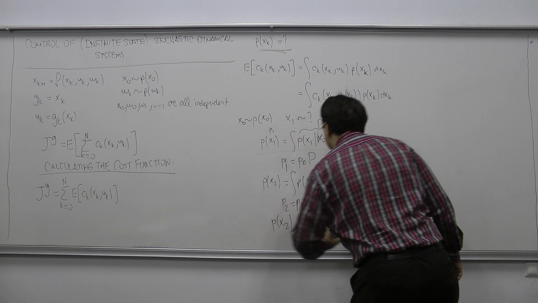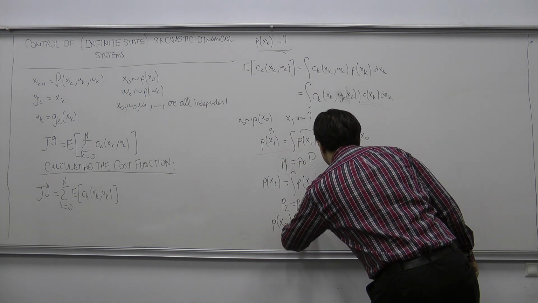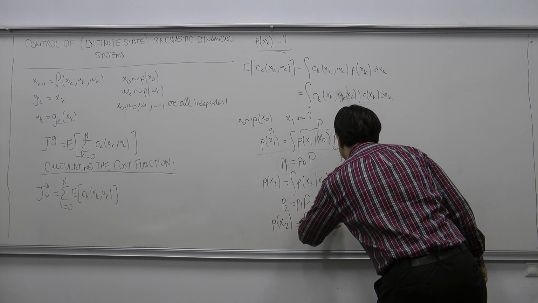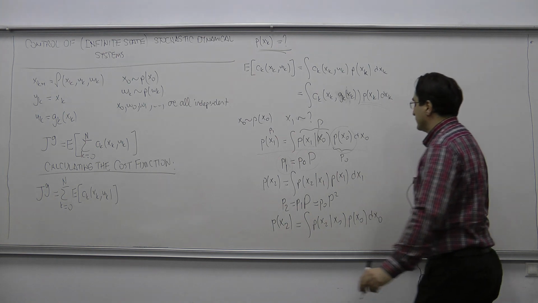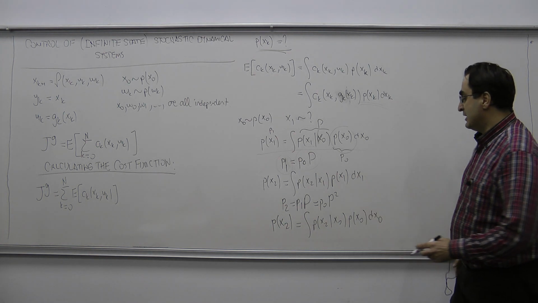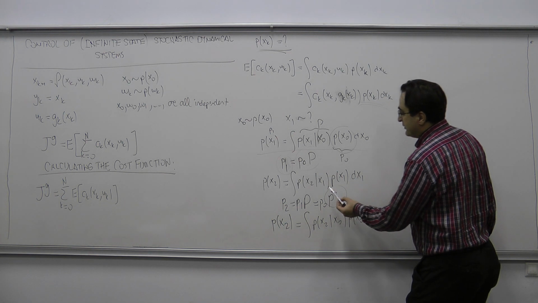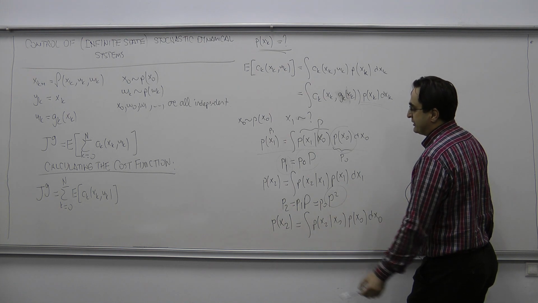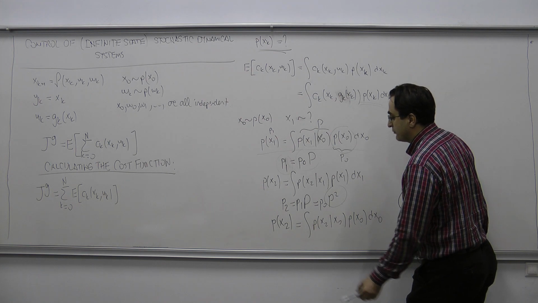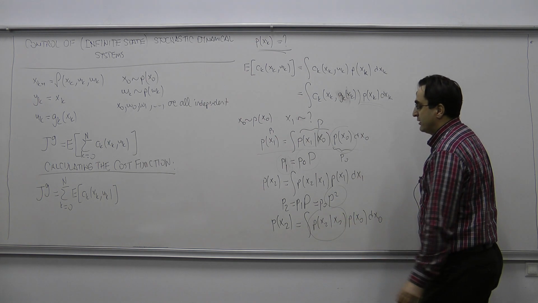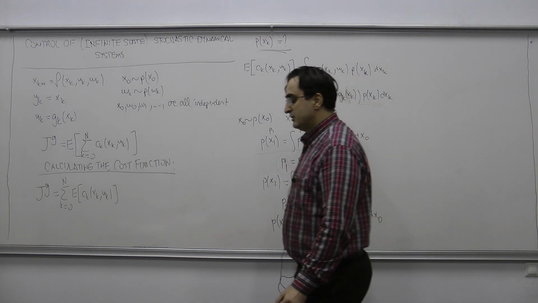So P of x2 is at the same time the integral of P of x2 given x0, P of x0, dx0. Okay, this is also correct. And in this case, instead of this P squared, which is the two-step transition distribution in the case of a finite state Markov chain, I need to use in the integral the two-step transition PDF.